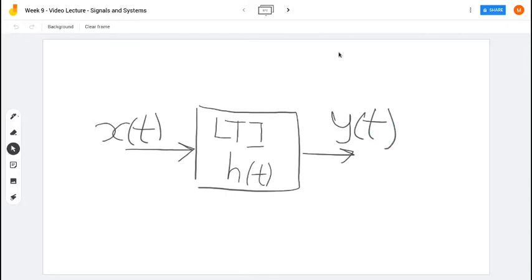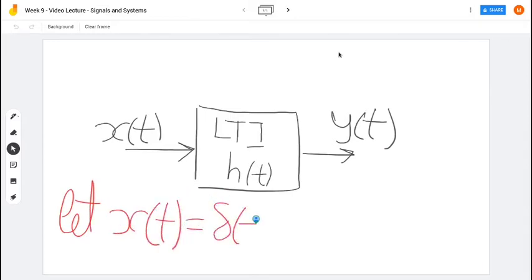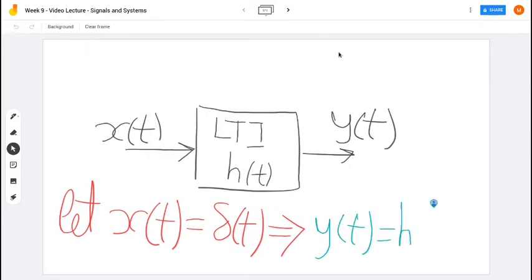If we let the input x of t be an impulse at instant 0, delta of t, in this case the output coming out from the system will be the impulse response h of t. It's the same definition we did for discrete time systems.